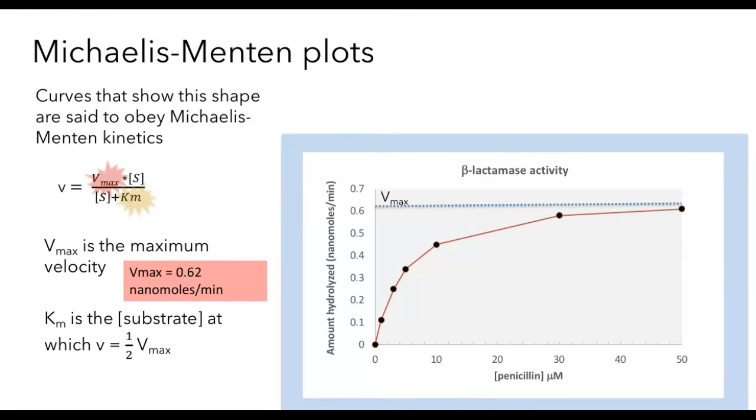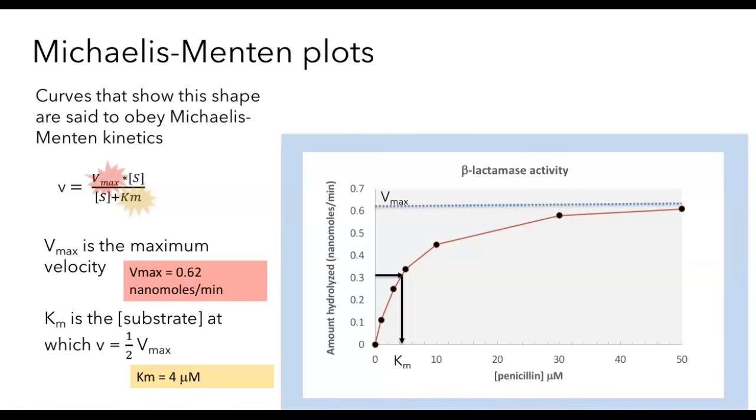I said it was about 0.62. So I know what 1/2 Vmax is. That would be 0.31. And then if I go over to the curve and find the concentration of substrate where that happens, which is here, that's my Km. So here it looks like Km is about 4 micromolar penicillin. That's the Km.